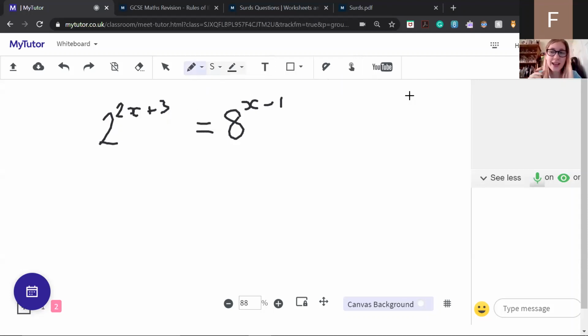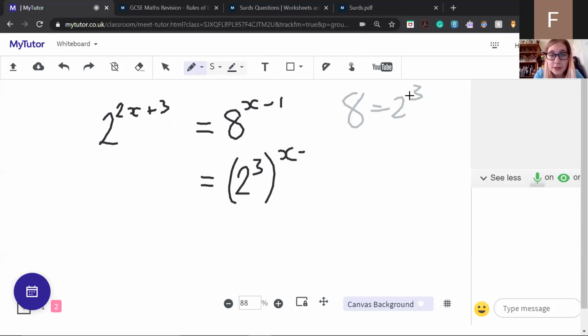So the trick here, the kind of sneaky thing to notice, is that 8 is 2 cubed. So that means that we can write this side as 2 cubed to the power of x minus 1. Does that make sense? All I've done there is replace 8 with 2 cubed.